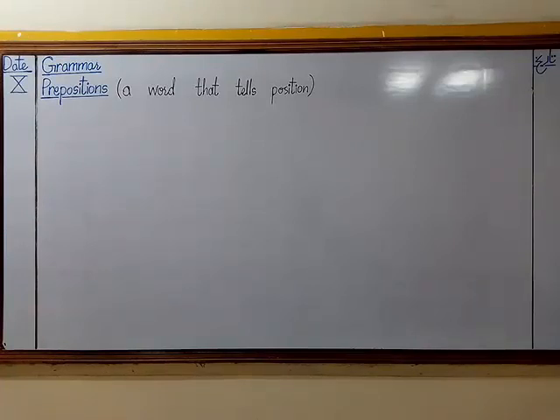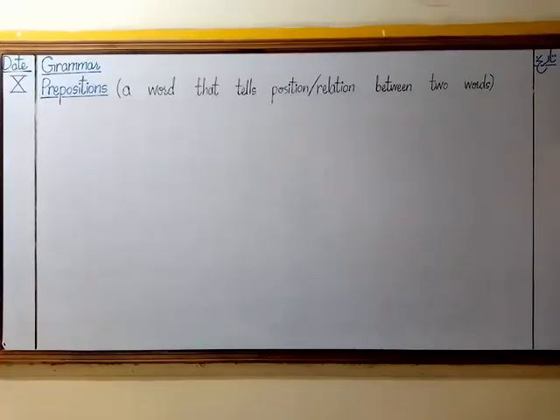A more mature definition I would like to share with you on the board here: a word that tells position or relation between 2 words. And these 2 words are usually nouns and/or pronouns.